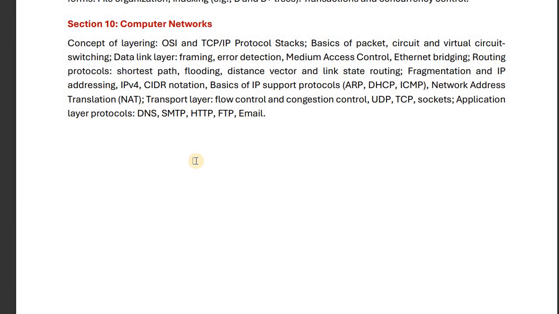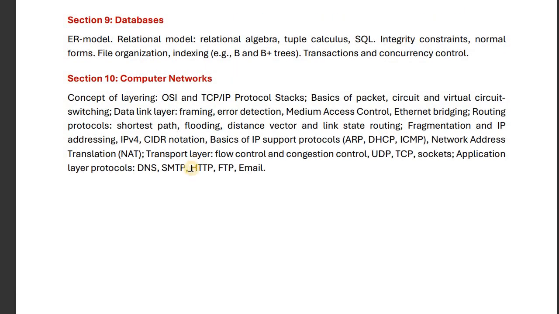And then there is a live class at 6:30 in which we are learning computer network.